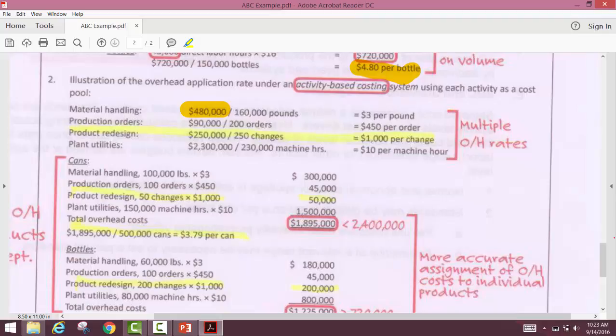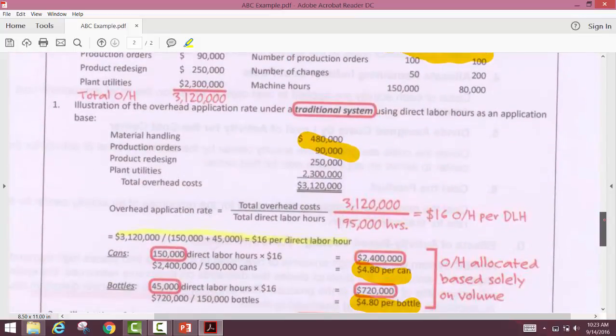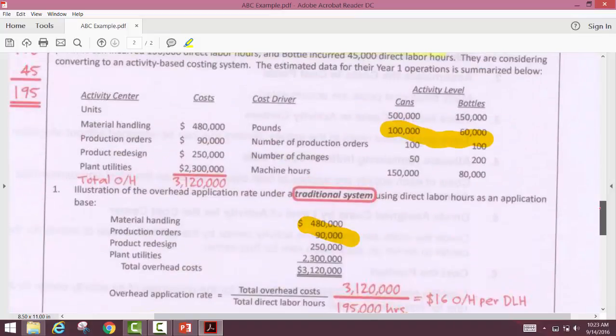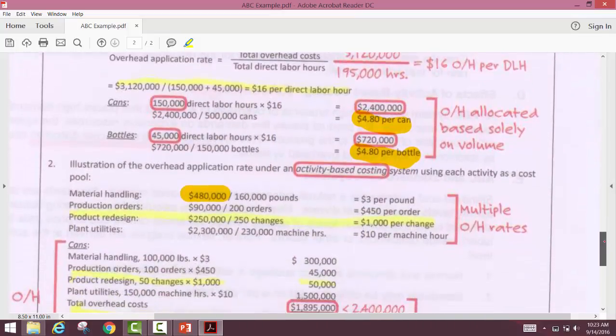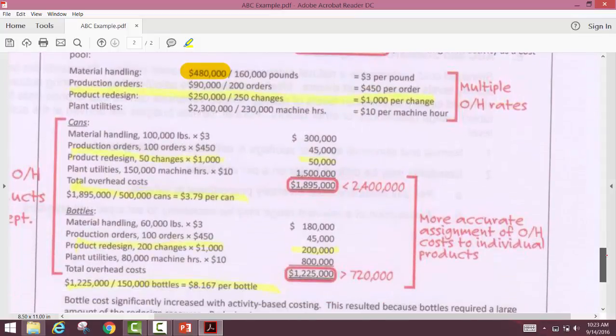So we have allocated our costs based on the amount of the activity that each one of these products is using, right? We do the same thing with bottles. We say, okay, $3 per pound, 60,000 pounds used by bottles. So we multiply that out for the bottles.